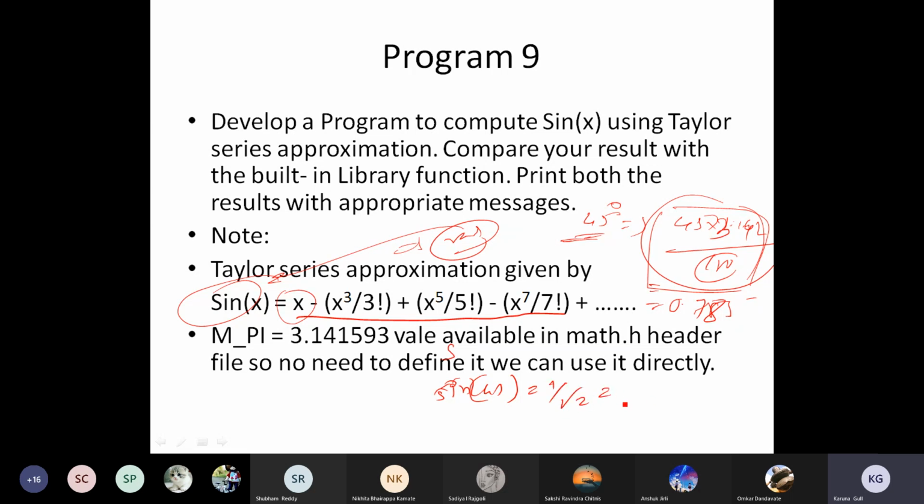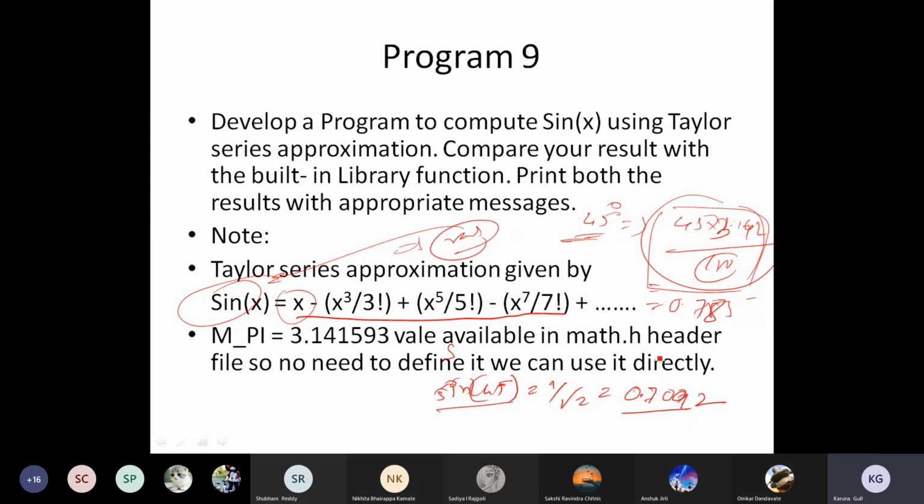Yes, the answer is 0.707. 0.7092, correct, no? Yes, ma'am.